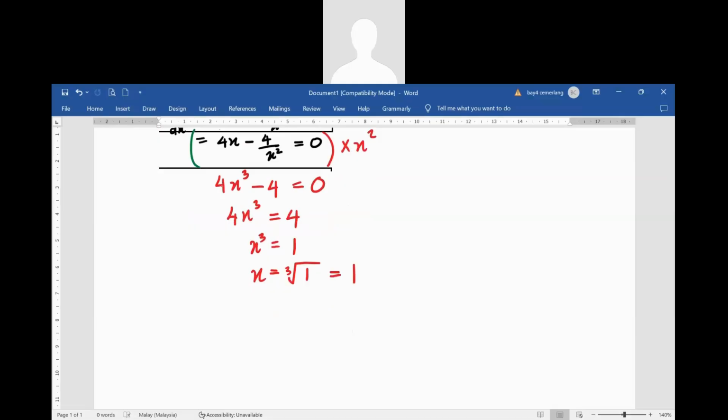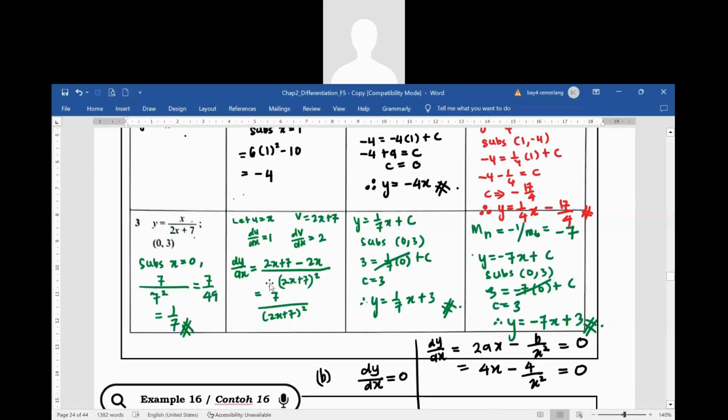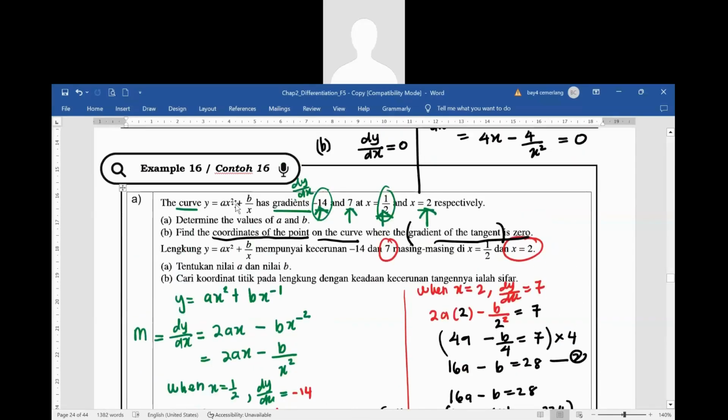Okay. So, kita dah cari the x coordinate. Nak cari y, ganti balik dalam y lah. When x equals to 1, substitute into equation of curve. What is your y? Your y is ax square plus b over x.